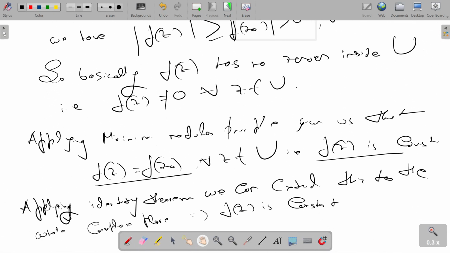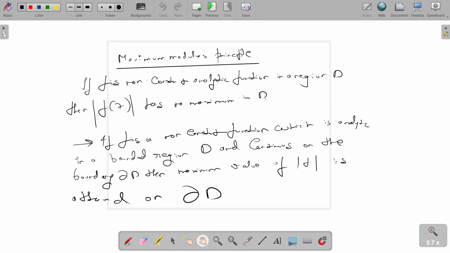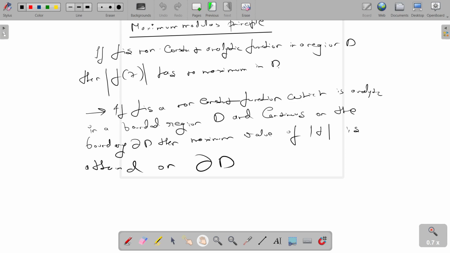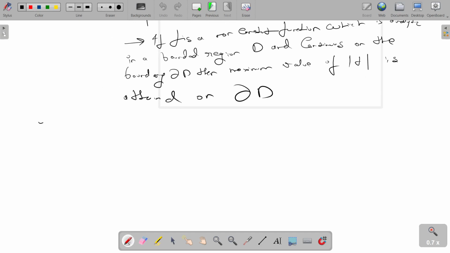We can also, instead of using minimum modulus, use maximum modulus as well. I've written the statement down: a non-constant function, analytic in a bounded region and continuous, attains its max at the boundary. Since f(z) is not equal to 0 in U, we can define g(z) to be 1 by f(z).